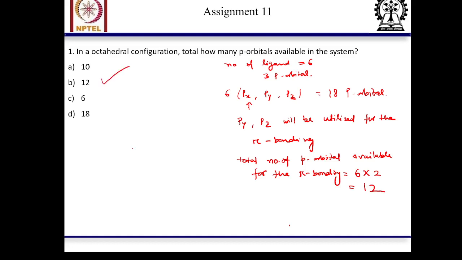I will just briefly draw how it looks. It will be like this.